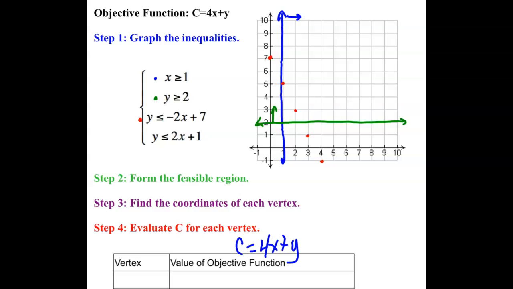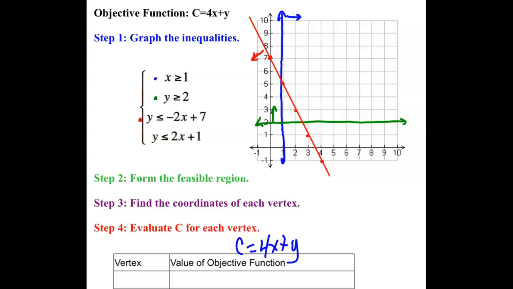We're going to draw our line, and we want to be less than that, so we would be shading underneath that line.